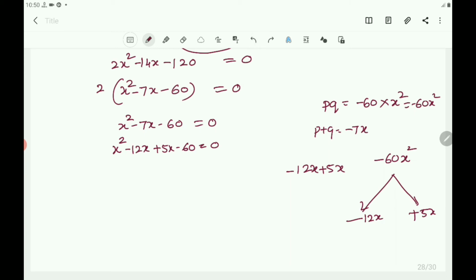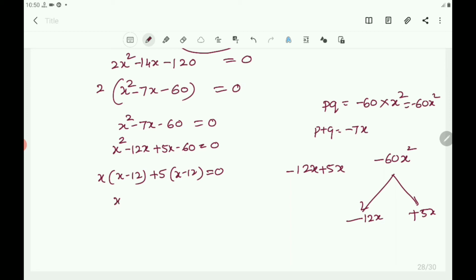In the first group, x is common, remove that outside: x into x minus 12 plus 5 into x minus 12. Know that x into x is x square, x into 12 is 12x, 5 into x is 5x, and 5 into 12 is 60. So you got x into x minus 12 plus 5 into x minus 12 equals 0.